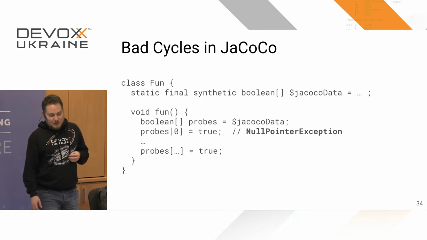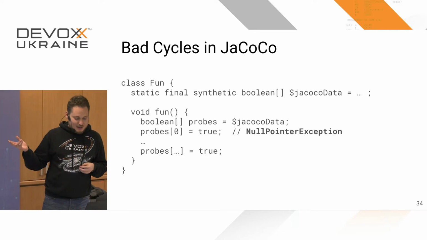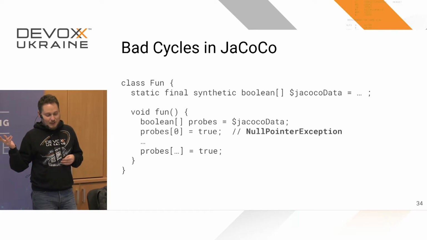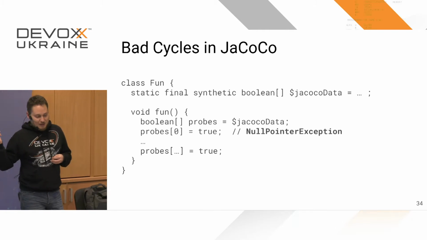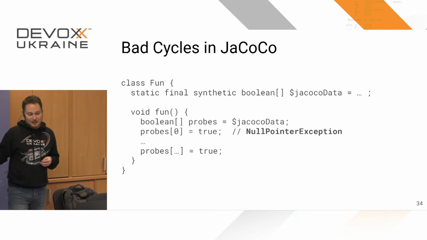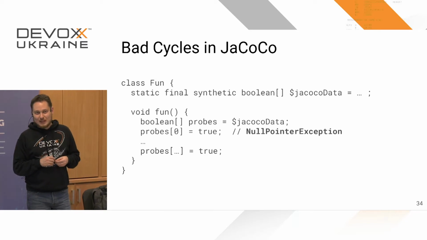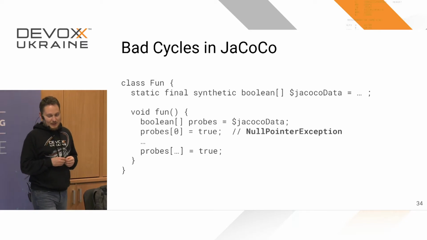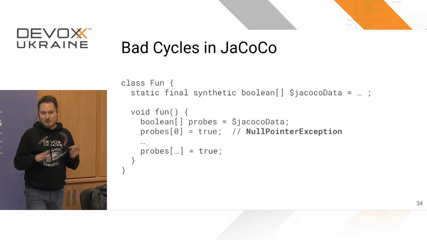This is a problem for us because we do exactly the same trick as assertions. And default value in the case of a Boolean array is null. So as long as we do not initialize this Boolean array and there is such a bad cycle, user might get null pointer exception.